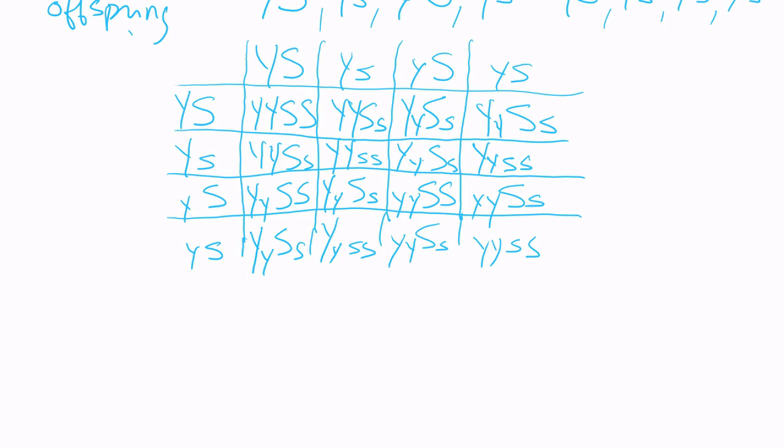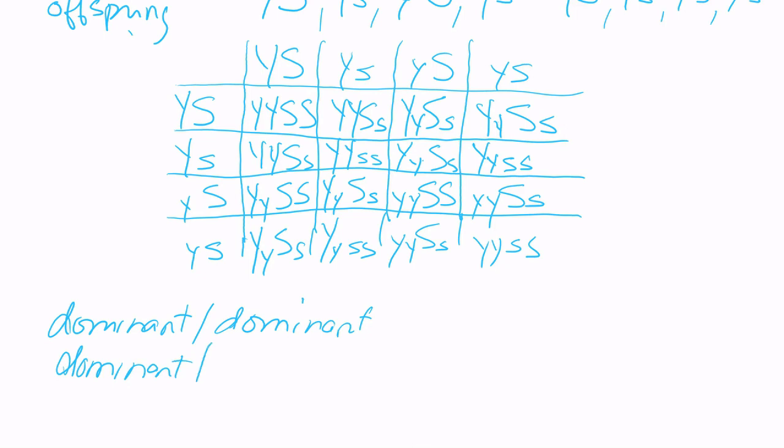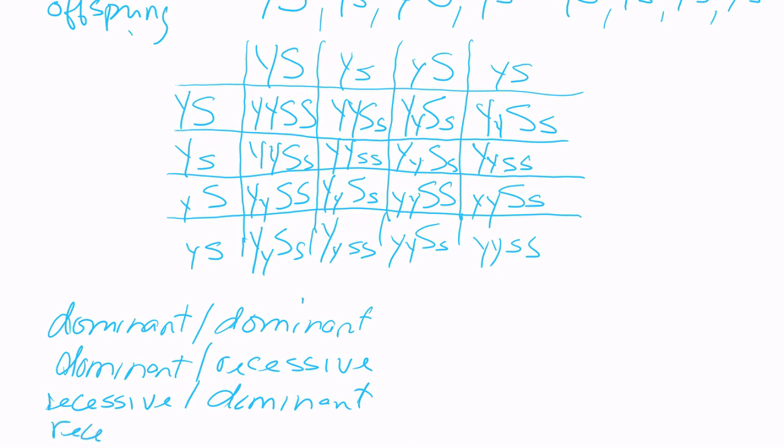We want to have a dominant and a dominant, a dominant and a recessive, a recessive and a dominant, and we want to look for a recessive and a recessive.